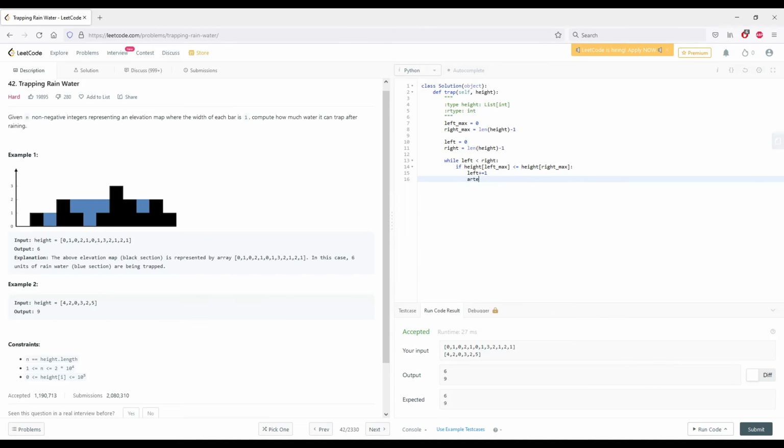What we're going to do is increment our regular left pointer and get the rain water trapped by doing that. Because remember, this guy's our limiting edge for the container.